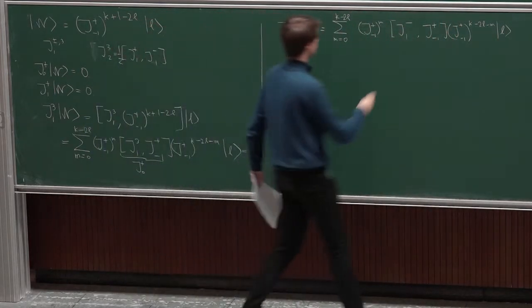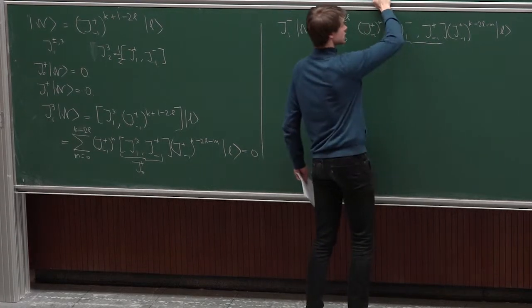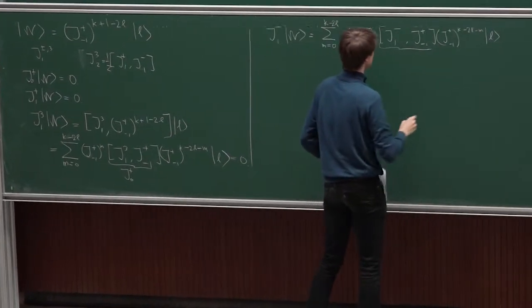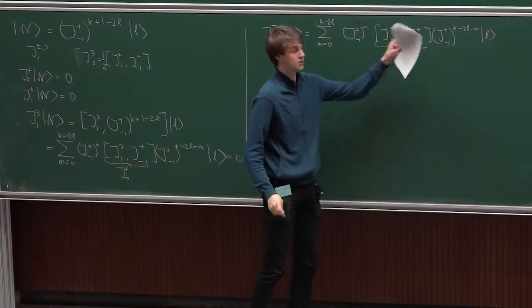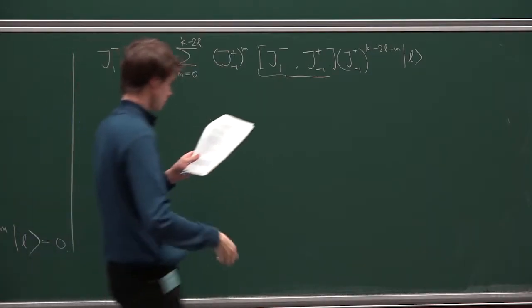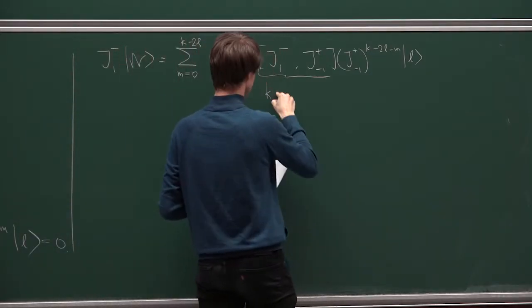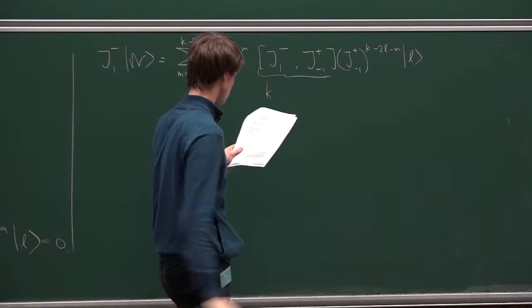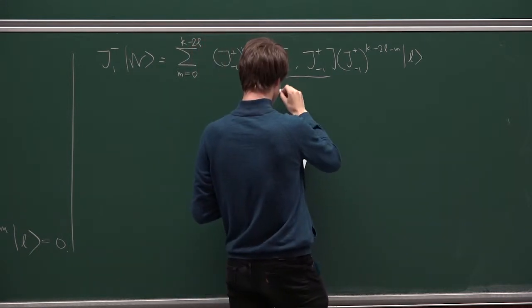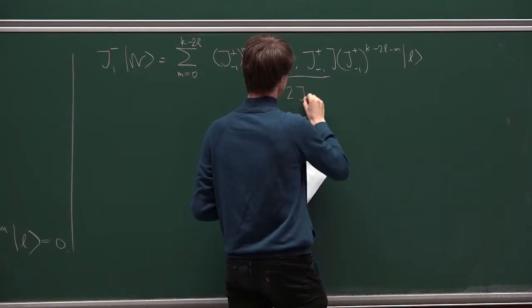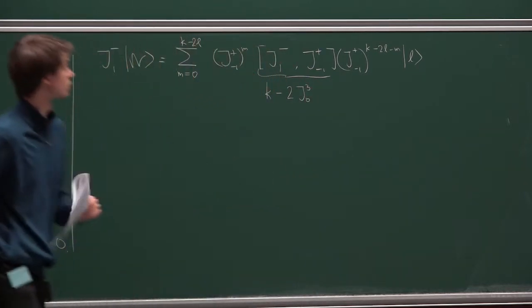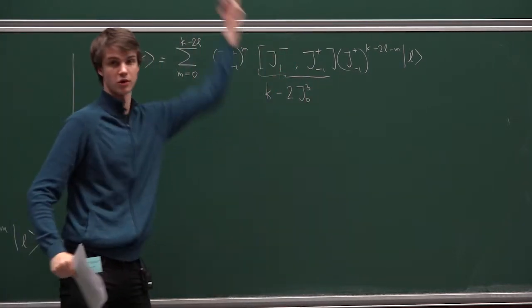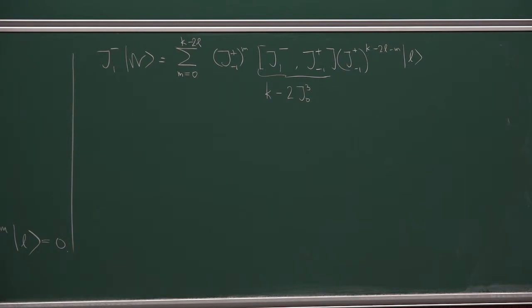Okay, I evaluate this. What is it? It has a central term, because the minus with plus gets a central term. And the central term is k, because the mode number is 1. And then I get minus 2J03. There's a minus, because you should turn it around to match the definition there.